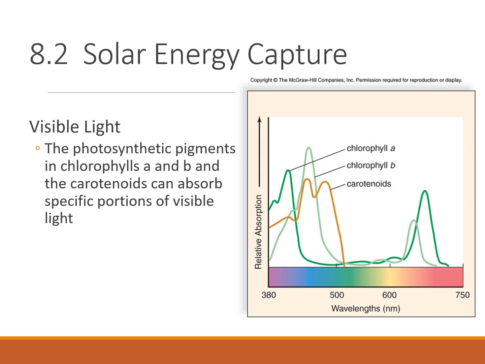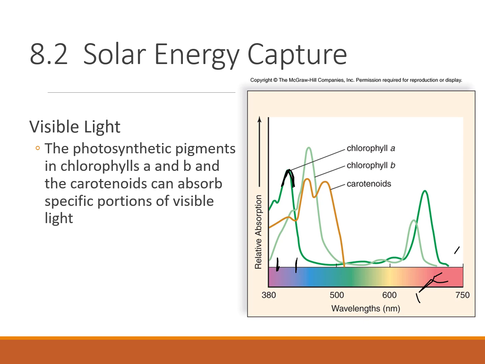We have photosynthetic pigments, chlorophylls A and B and the carotenoids, and they're able to absorb some very specific portions of visible light. If we look at our image here, we can see that chlorophyll A is able to absorb these purples and blues.